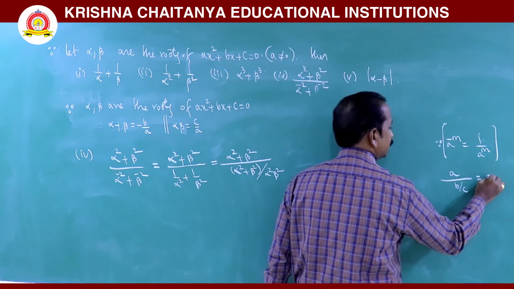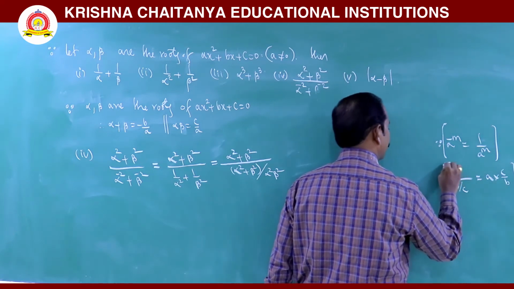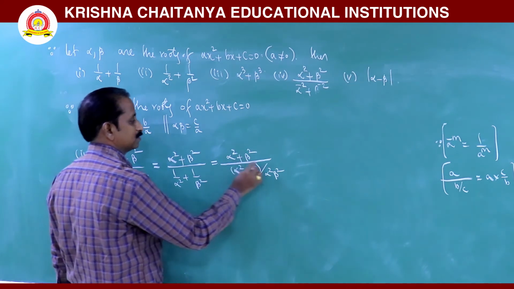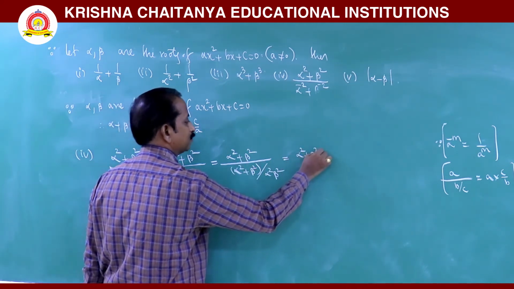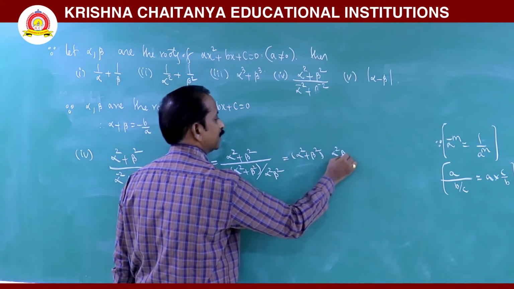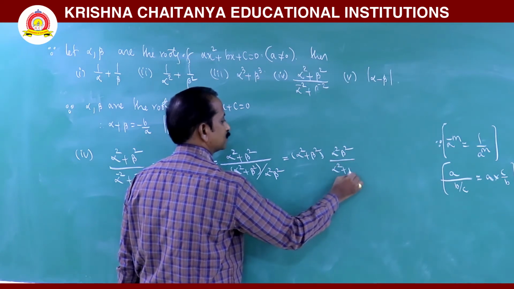I can write a into c by b. So therefore using this basic, now we can write this as alpha square plus beta square into alpha square into beta square divided by alpha square plus beta square.